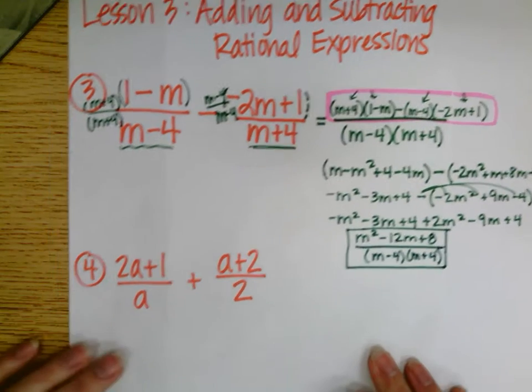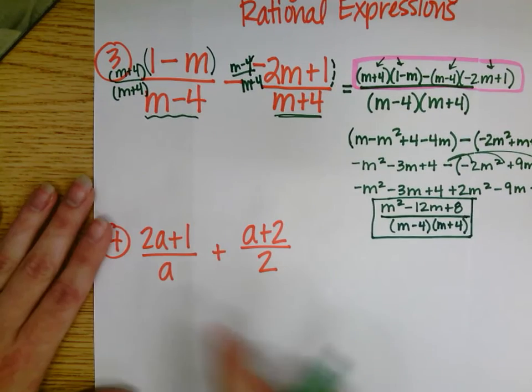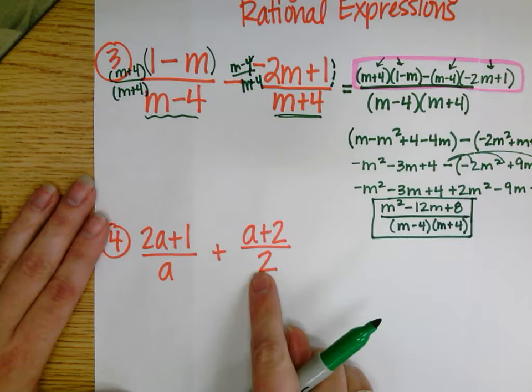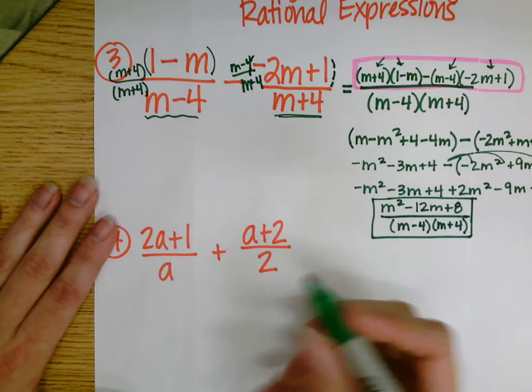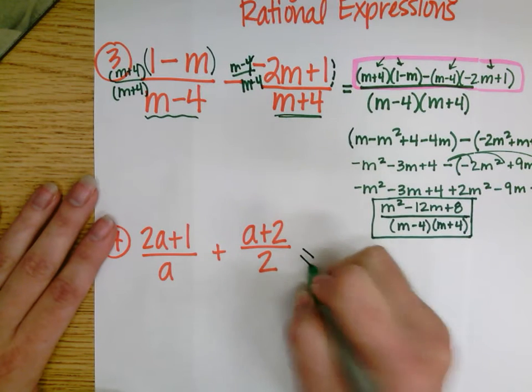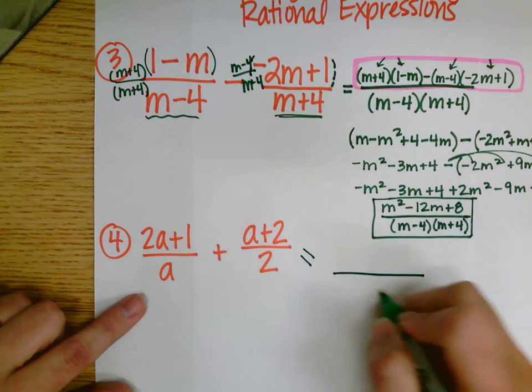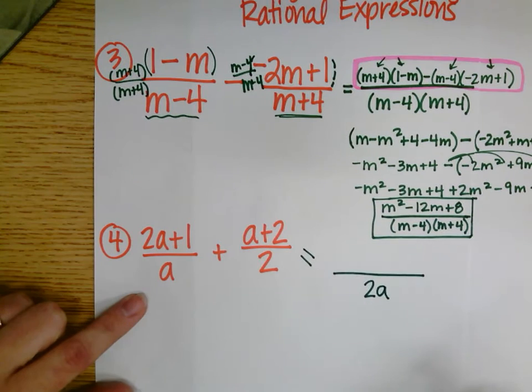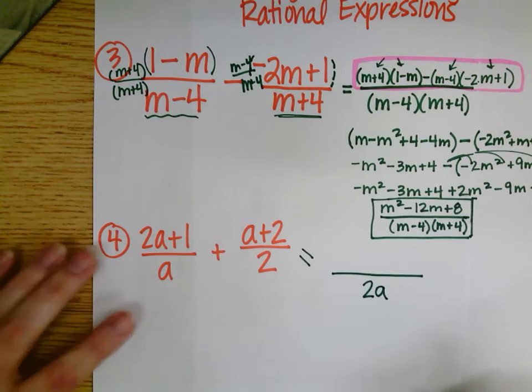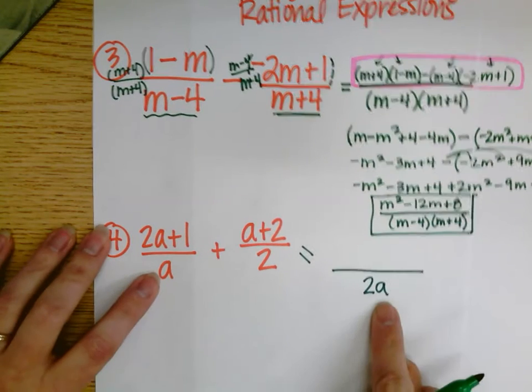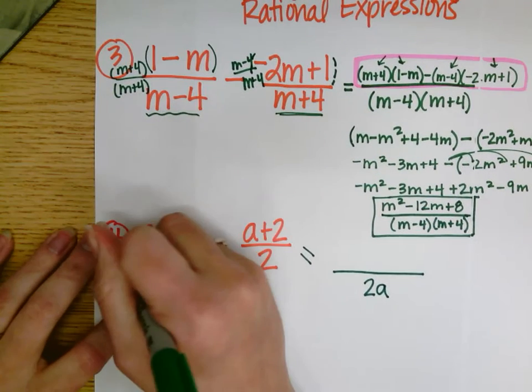Alright, let's look at this one. This one looks a little bit easier. My denominators are a little bit simpler. So let's get them together in a common denominator. It's got to have an a and it's got to have a 2, so my common denominator is 2a. Easy, right? To make this into 2a, I have to multiply by 2, but I also have to multiply the numerator by 2.